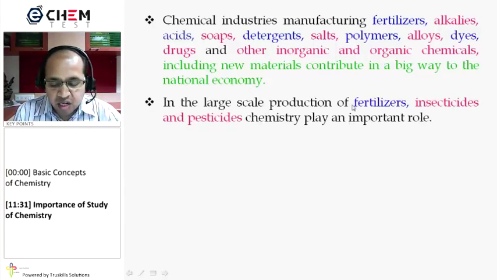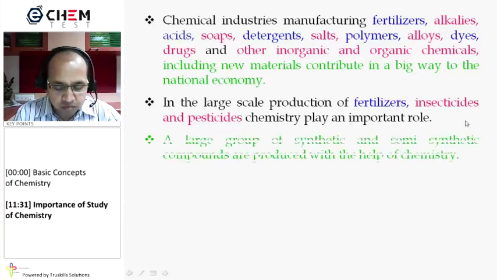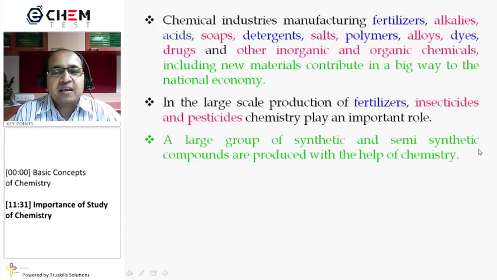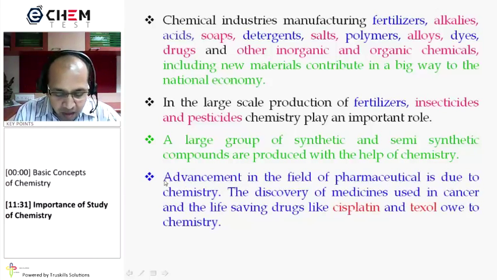In the large-scale production of fertilizers, insecticides and pesticides, chemistry plays an important role. A large group of synthetic and semi-synthetic compounds are produced with the help of chemistry. Advancement in the field of pharmaceuticals is also due to chemistry.